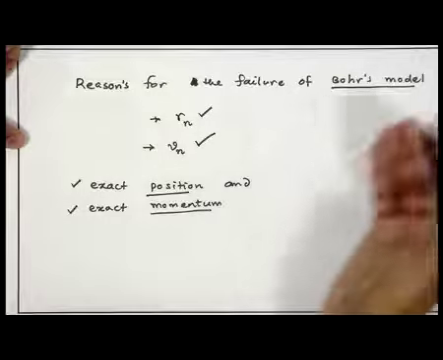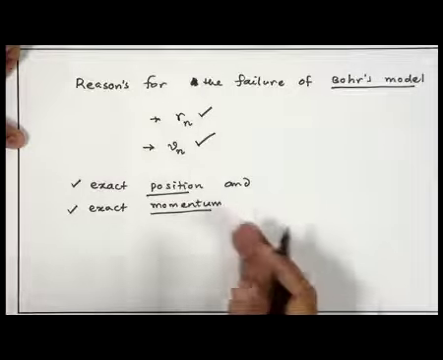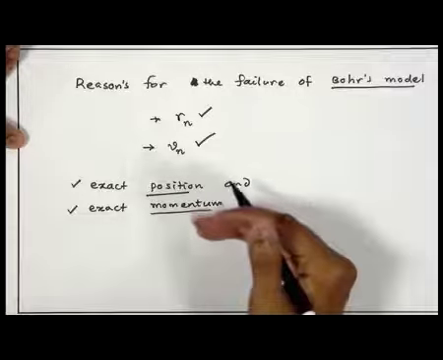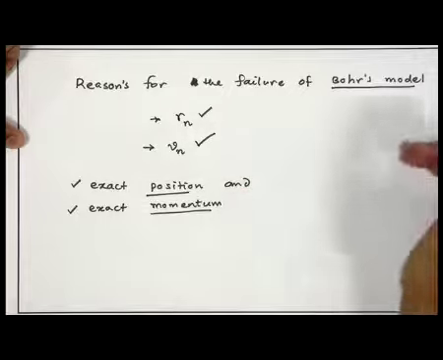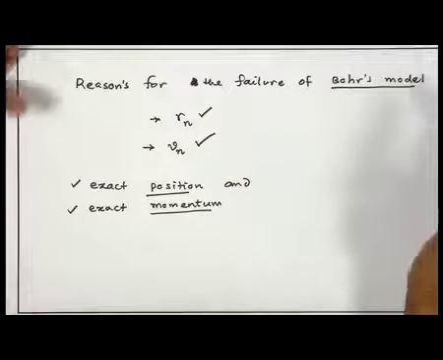Therefore, Heisenberg's uncertainty principle is not satisfied in Bohr's atomic model, and that is the key reason why Bohr's atomic model could not explain all the results. We can now go on to discuss a new branch of theory, which would take into account the knowledge that we get from Heisenberg's uncertainty principle and de Broglie's hypothesis, and this is what we are going to do next.